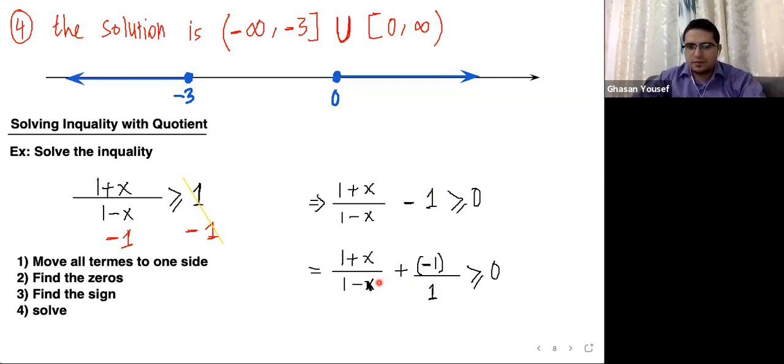Now, because the denominators are different in both fractions, I should make the denominators equal. The easiest way is by multiplying this fraction, both numerator and denominator, by 1 minus x. So this is what I did here.